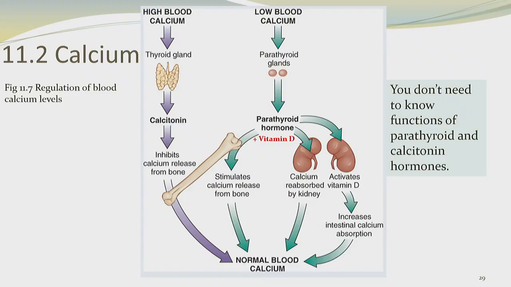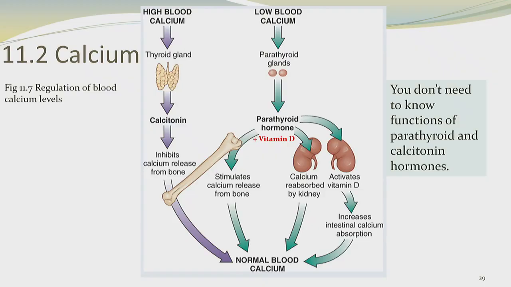So this is a graphic that illustrates the relationship between vitamin D and calcium. It shows how, when calcium levels are low, you can have stimulation of the parathyroid hormone and vitamin D, and then normal blood calcium levels are restored by increasing calcium reabsorption by the kidney.